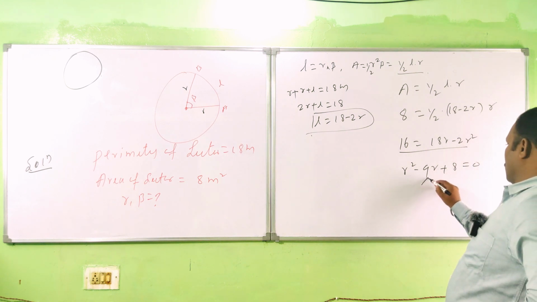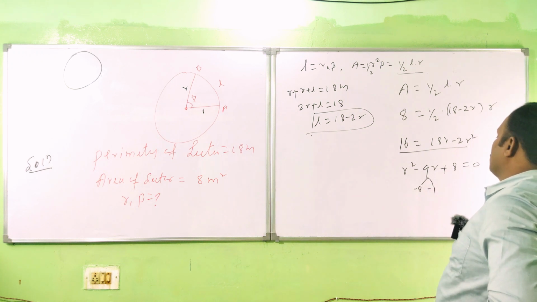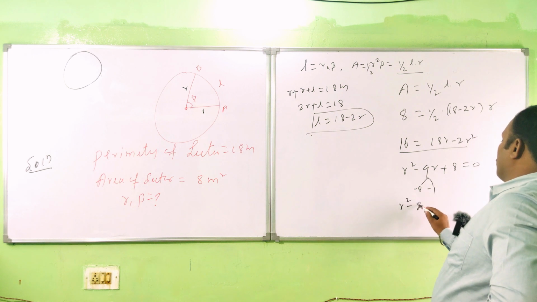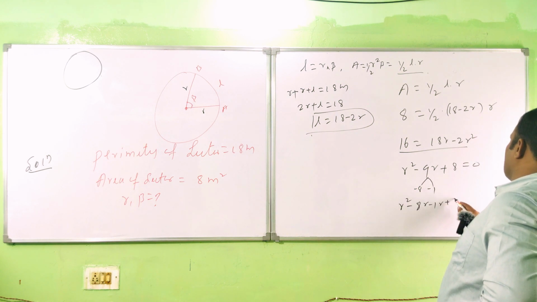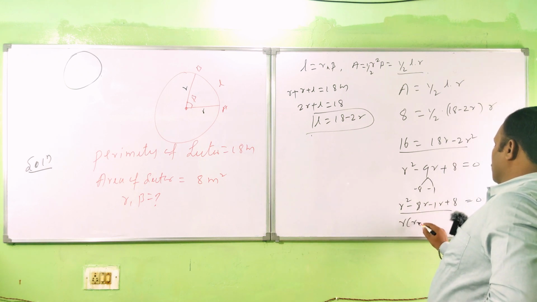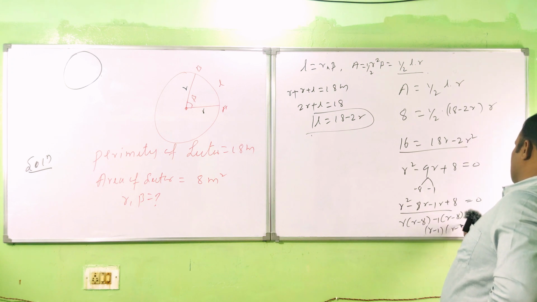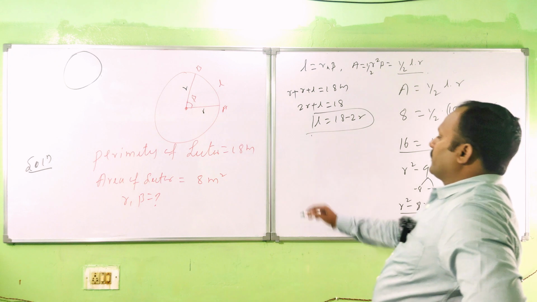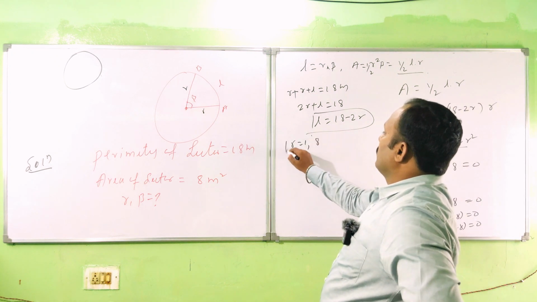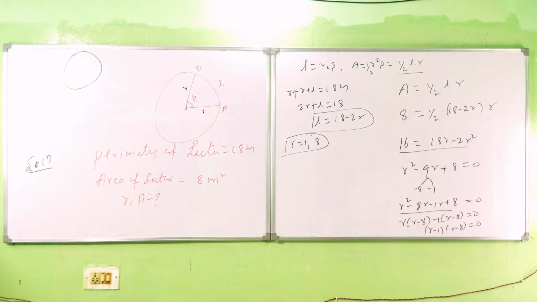We split it: R square minus 8R minus 1R plus 8 is equal to 0. R is common: R(R minus 8), minus 1 common: (R minus 8). Therefore (R minus 1)(R minus 8) is equal to 0. Therefore, R is equal to 1 and 8 are the possible values.